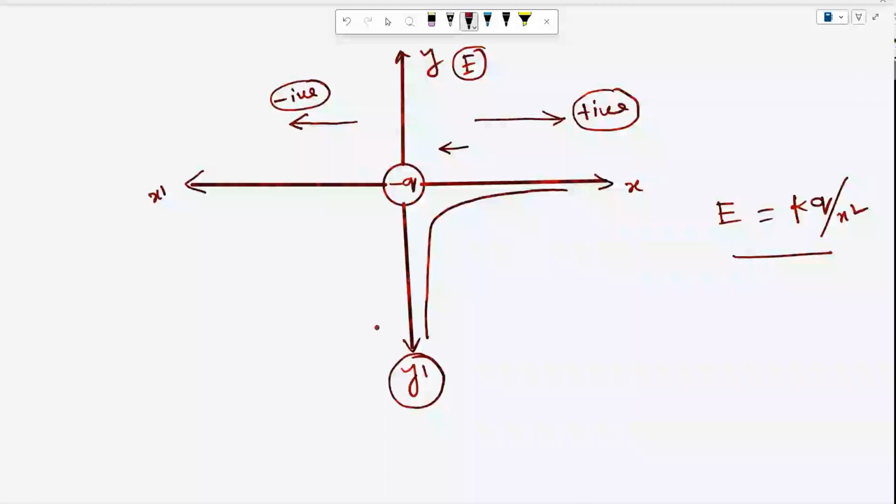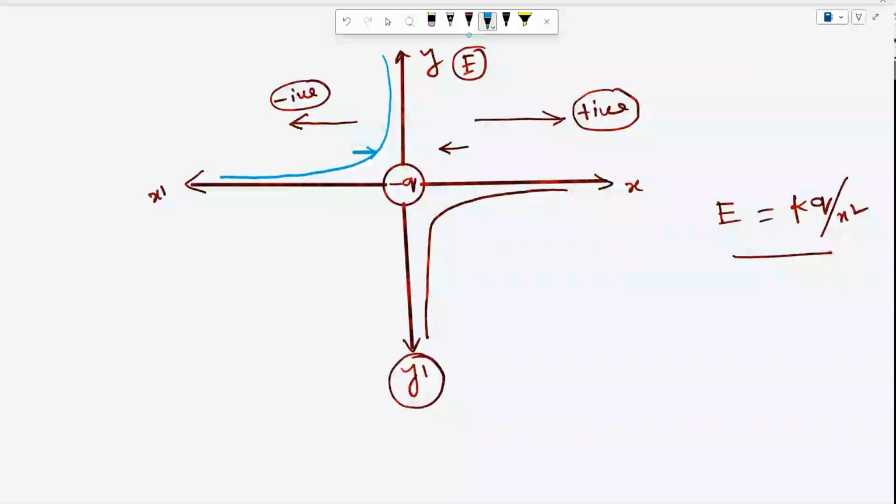First, for x greater than 0, electric field is negative because it is directed towards left. And here, if you take a point at this point, electric field will be directed towards right. So if this electric field is directed towards right, it's a positive quantity. So how do you get the graph here? Same graph will be repeated in this quadrant. Okay.